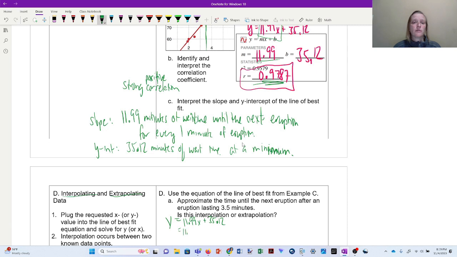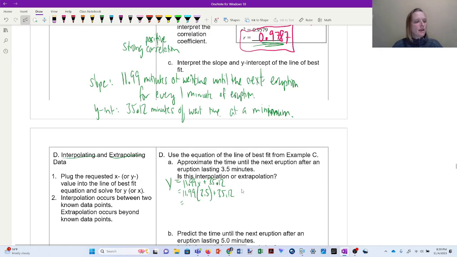So I'm going to say 11.99, and I'm going to plug in the 3.5 plus 35.12. Calculating this out, plugging it into your calculator, you get 77.085 minutes of wait time. And that's all you need to do.